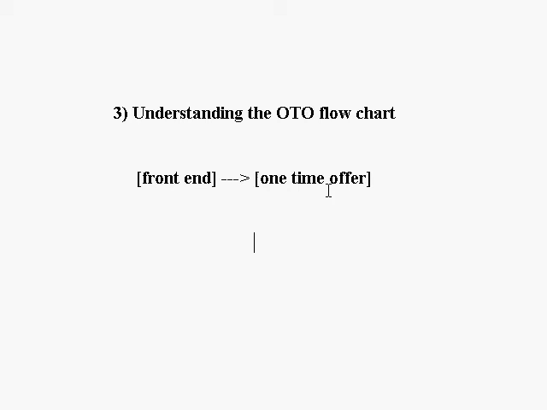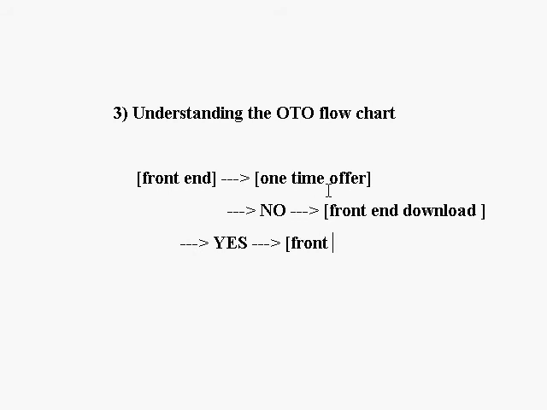So I'll move down here. If the person says no, then they're going to be forwarded to the front end download page. If they say yes to the one-time offer, then of course they're going to be forwarded to the download page that includes the front end plus the OTO download page.